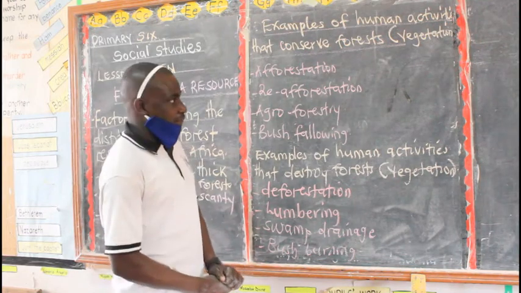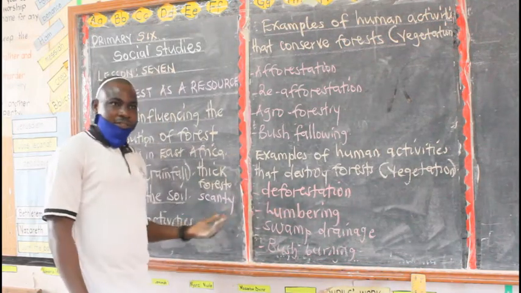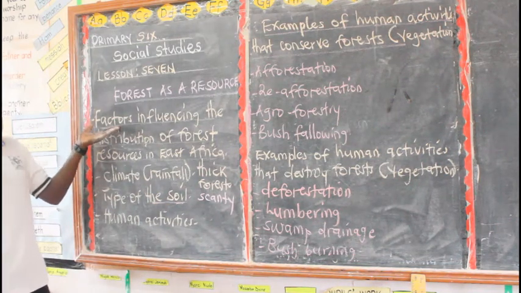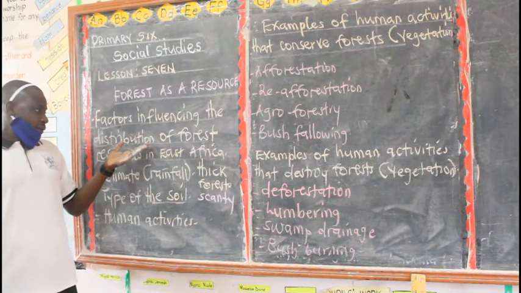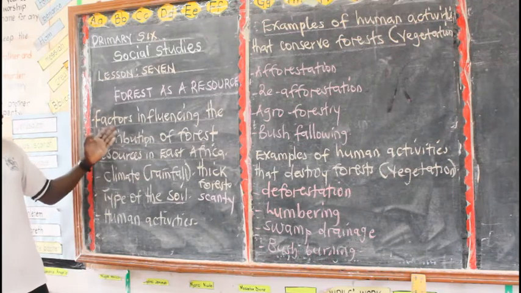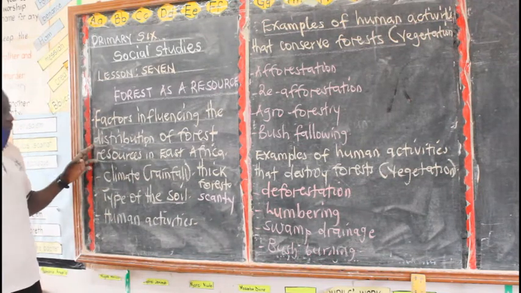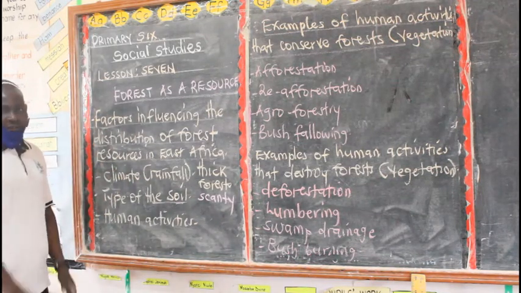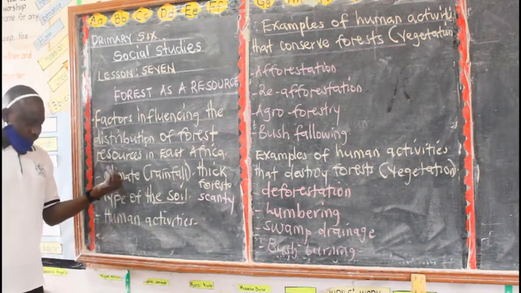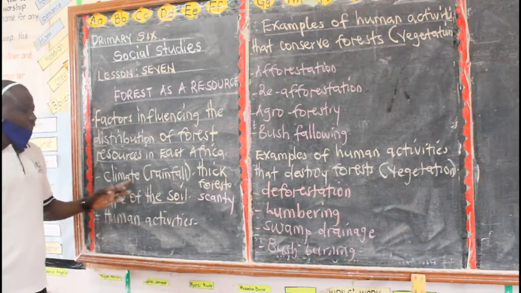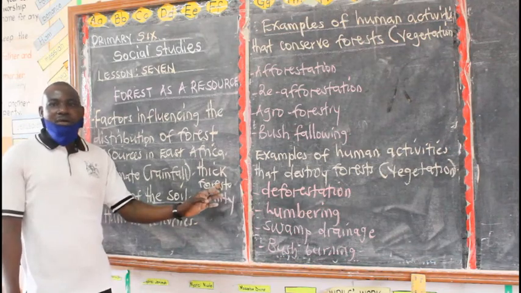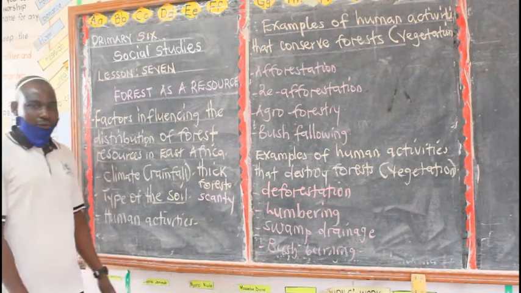My dear children, primary 6A, still we can go back and check. One, we began with the factors influencing the vegetation, the distribution of forest resources in East Africa, where we looked at the climate, and we see that areas that receive plenty of rainfall have thick forests as compared to areas with little rainfall.